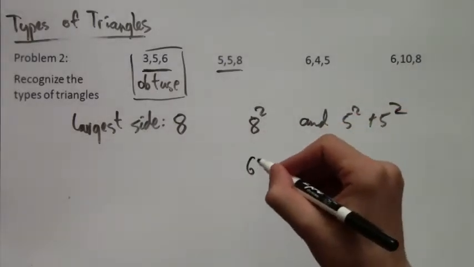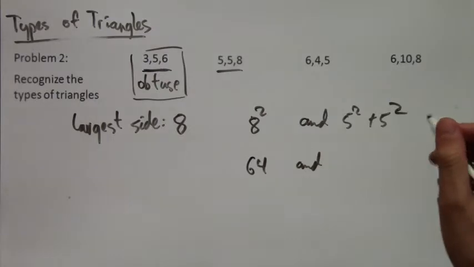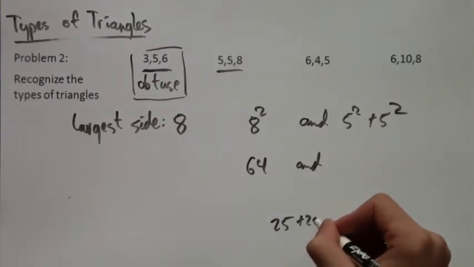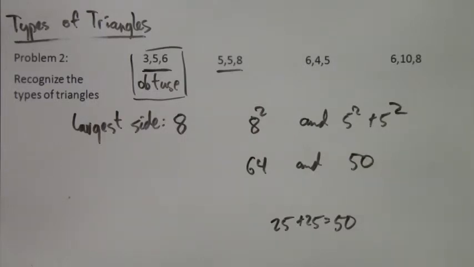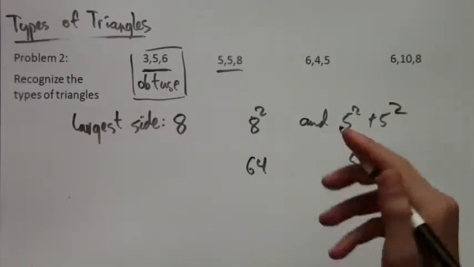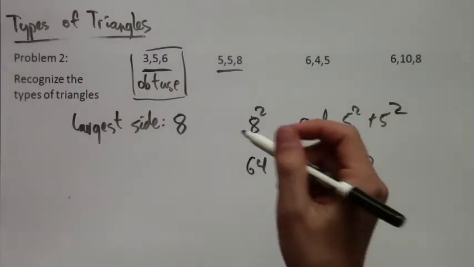So 8 squared is 64, we know that. And 5 squared plus 5 squared is just 25 plus 25, or 50. So the square of the largest side is greater, just like before. So once again, we have an obtuse triangle.